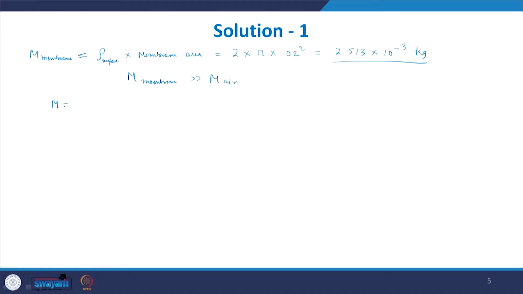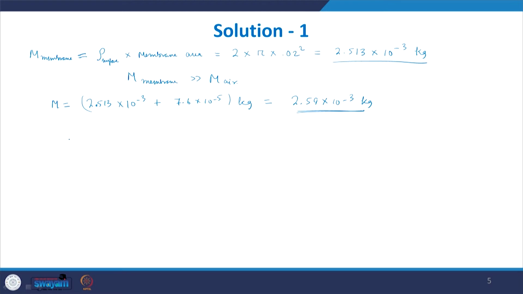So, the total mass M becomes 2.513 into 10 to the power minus 3 plus this quantity, in kgs. The total mass that we are getting here is 2.59 into 10 to the power minus 3 kgs.